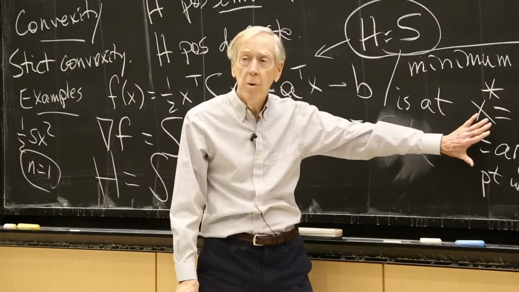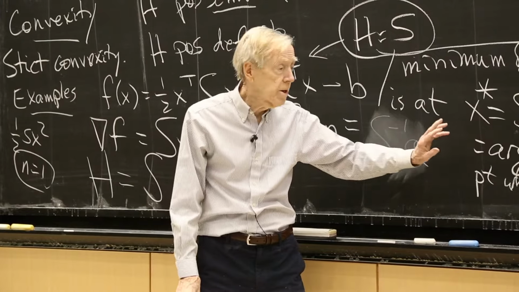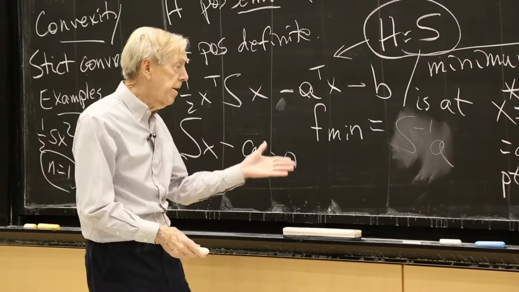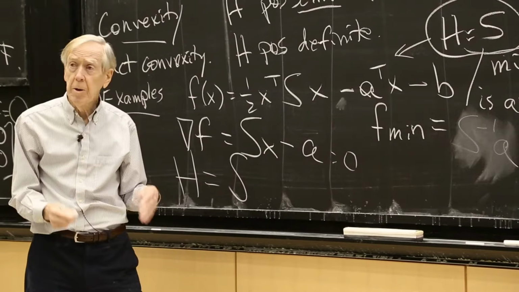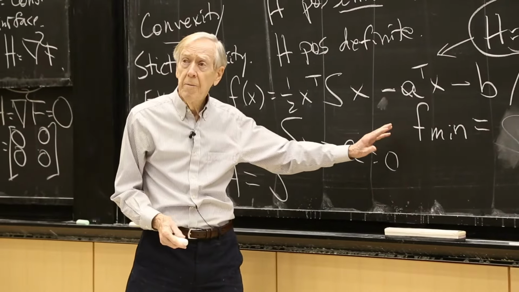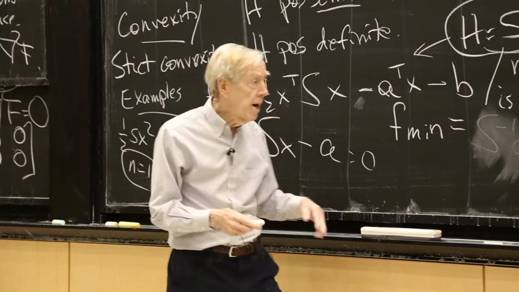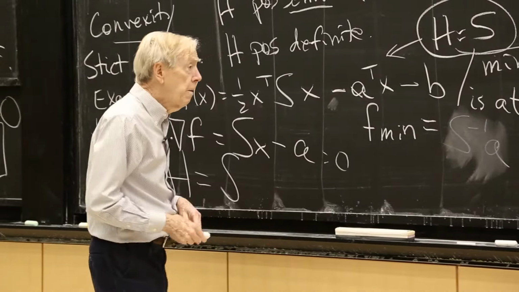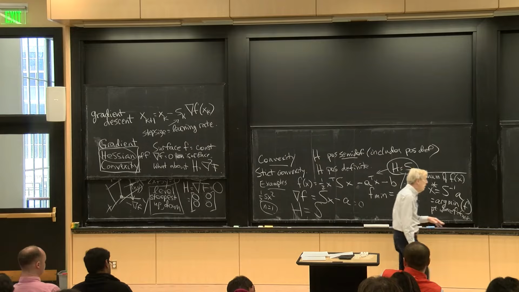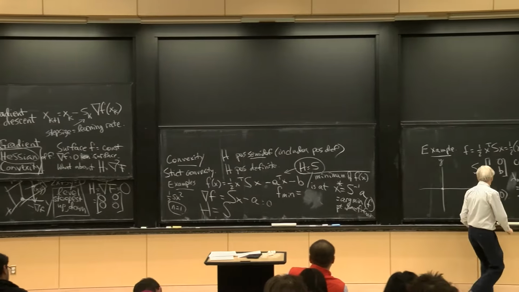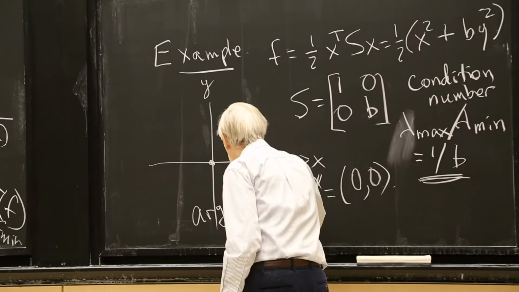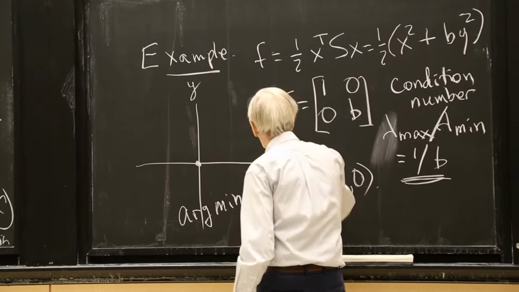I haven't said yet what the minimum value is. This tells us the point, and that's usually what we're interested in. To tell the truth, we're not that interested in the minimum value as much as where we reach it. So this is x min, the arg min of my function f.